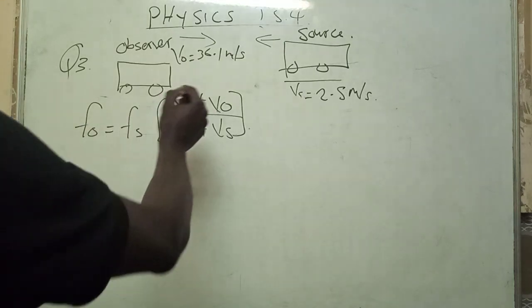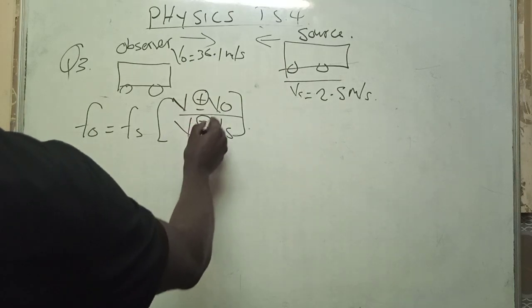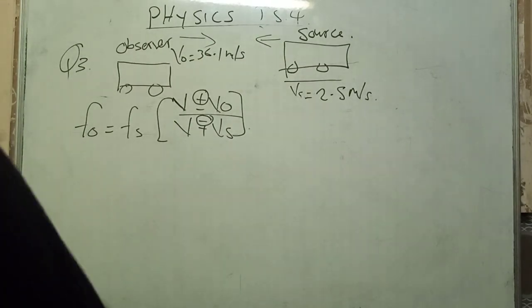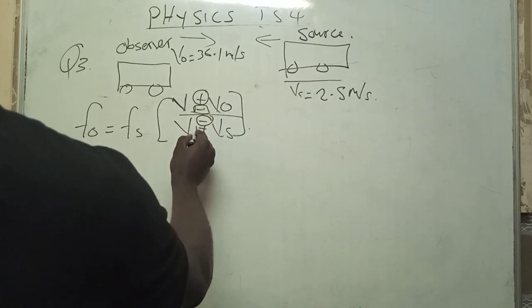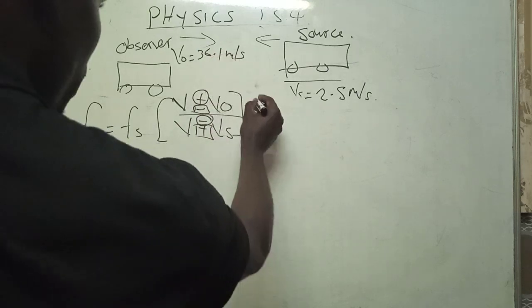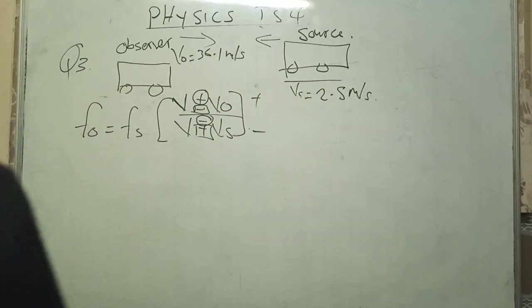We use the sign on top as positive, and down here as negative. But if the observer and the source are going away from each other, then we use on top negative, and down there positive. So here, from the question, these guys were going toward each other, meaning on top we are going to use positive, then down we are going to use negative. So it's just the opposite of each other.